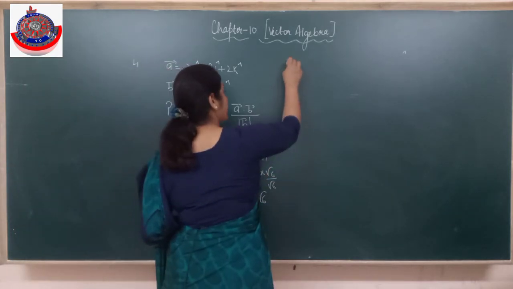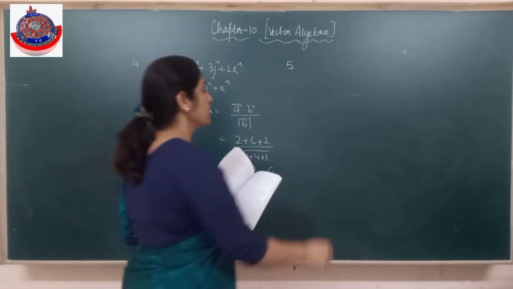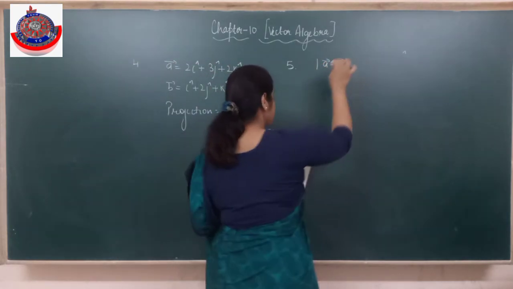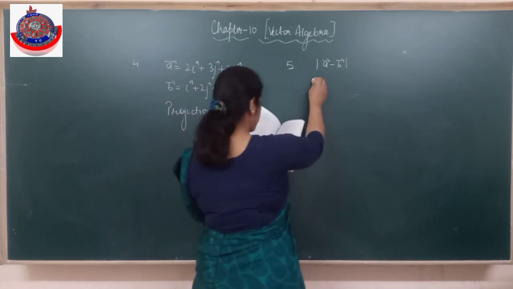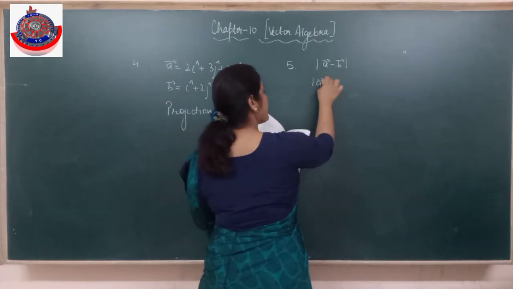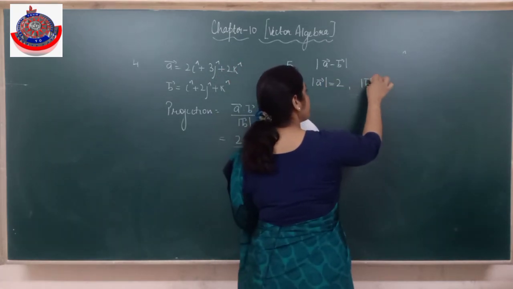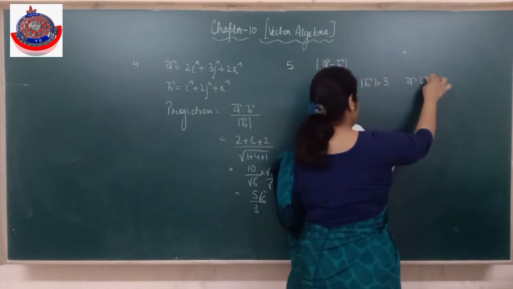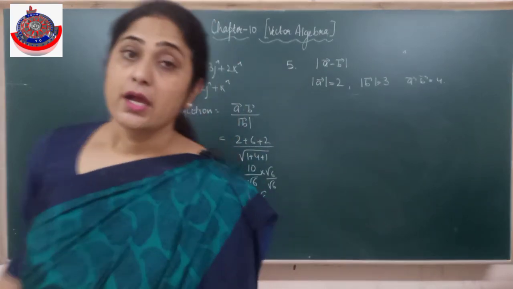Next, see the next example. Find the magnitude of A vector minus B vector if two vectors A and B are such that the magnitude of A is 2, the magnitude of B is 3, and their dot product is 4.